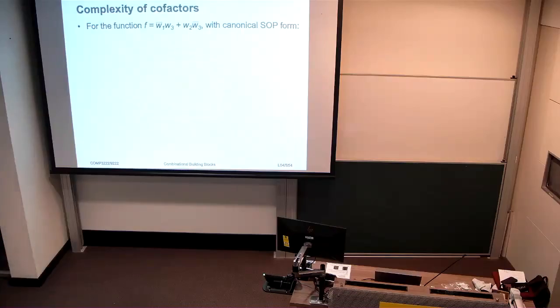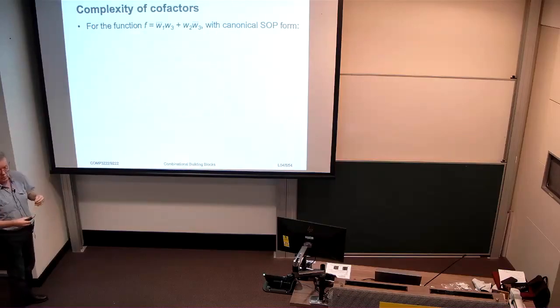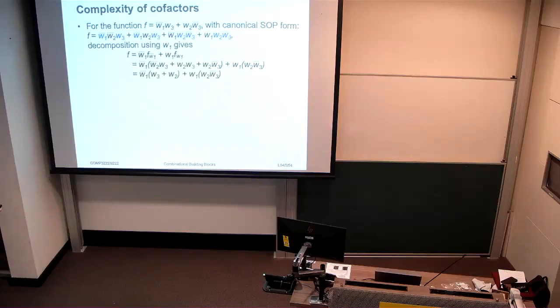In order to perform the expansion with respect to W1, it's probably easiest for you, when you haven't got the experience yet, to just expand this into its canonical form. And that means rewriting this as the 4 terms, taking the first term here and ANDing it with not W2, which is this first term, and ANDing it with W2, which is the second term.